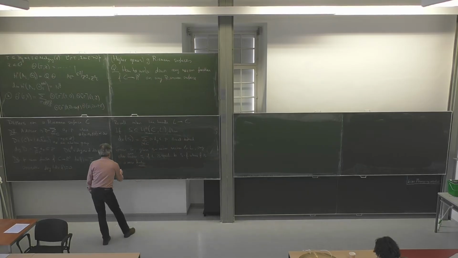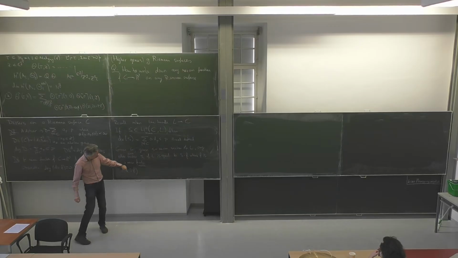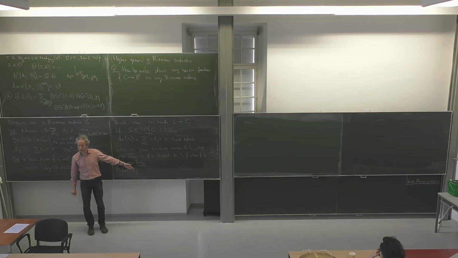Moreover, what you can observe is you can compute the divisor of S times F. What is this? You go over all the points P in C and you compute the vanishing order of a product of two things. Locally, this is just a function. So the order of vanishing of a product of two functions is the sum of their vanishing orders, right?